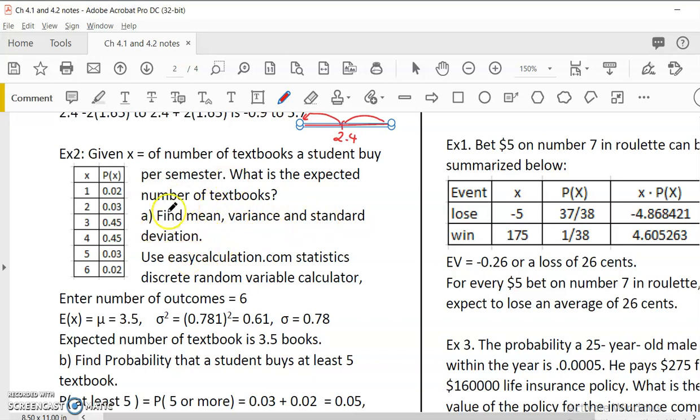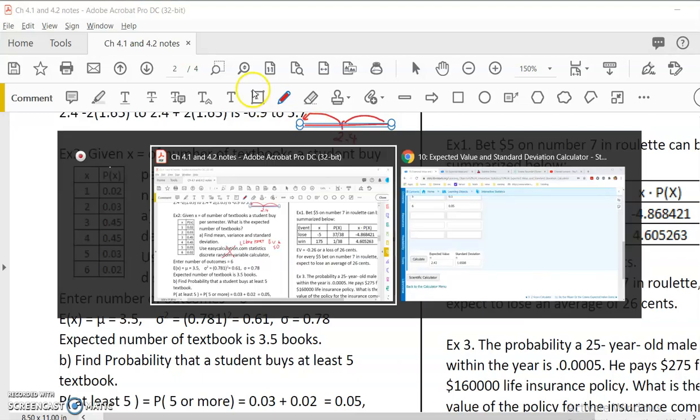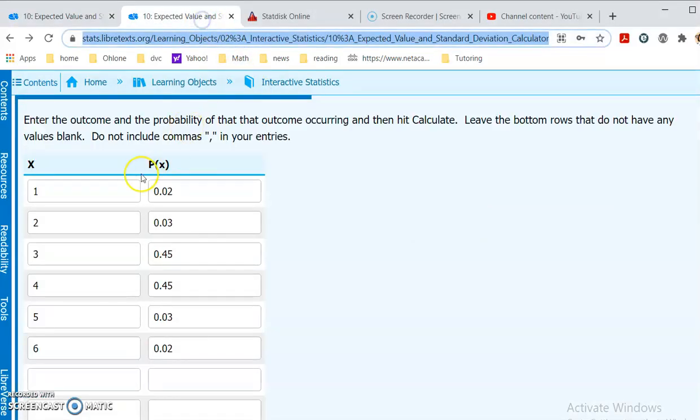We don't use this calculator. We use the LibreText one that we used before, so it's a typo. It's the LibreText expected value and SD calculator. I actually entered it already.